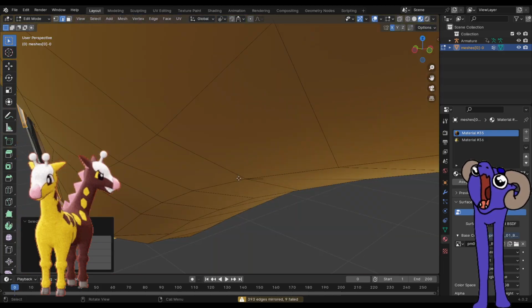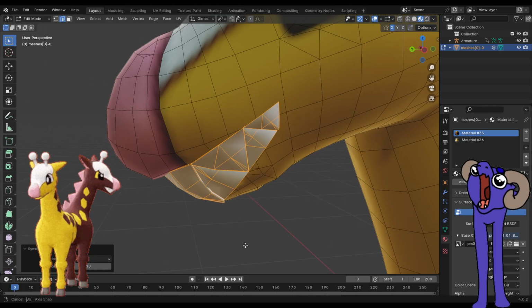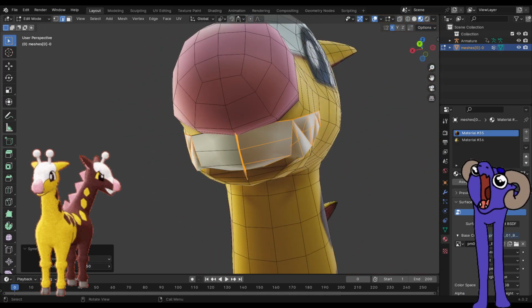What do you mean it failed to mirror? Oh god, this isn't symmetrical. What happens if I symmetrize this? It becomes terrible.